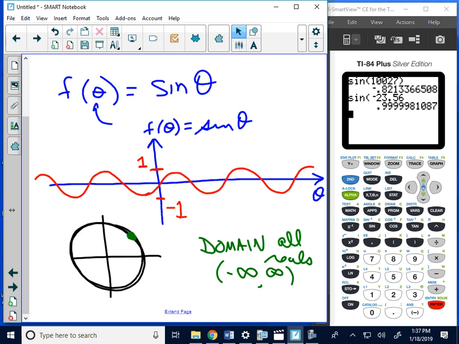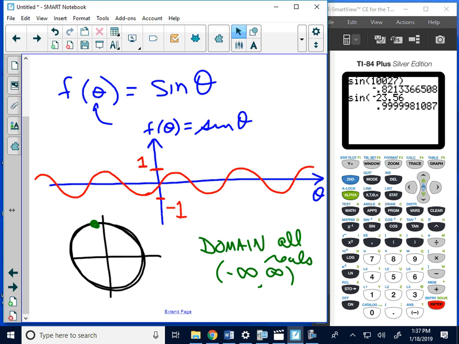Now, your quiz was give me the coordinates of some of the points. This point must be really close to the top, right? So maybe it's just to the right or just to the left. I don't know, but I know the y-coordinate's almost 1. Right? I just threw that number out there, negative 23.56.